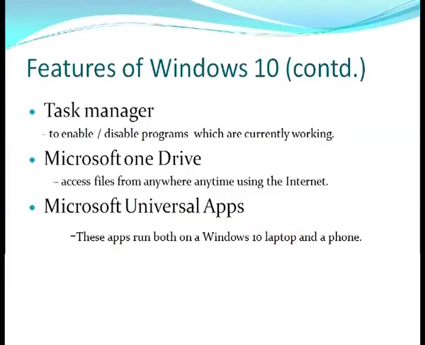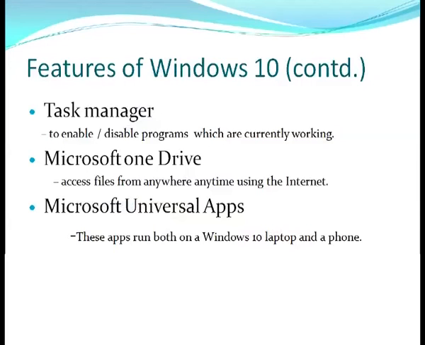It has a very user-friendly File Explorer. We'll be learning about this File Explorer in detail. It is used to create and manage files and folders. Windows 10 is much more secure as compared to previous versions launched by Microsoft. It has a Task Manager which disables programs which are currently working.